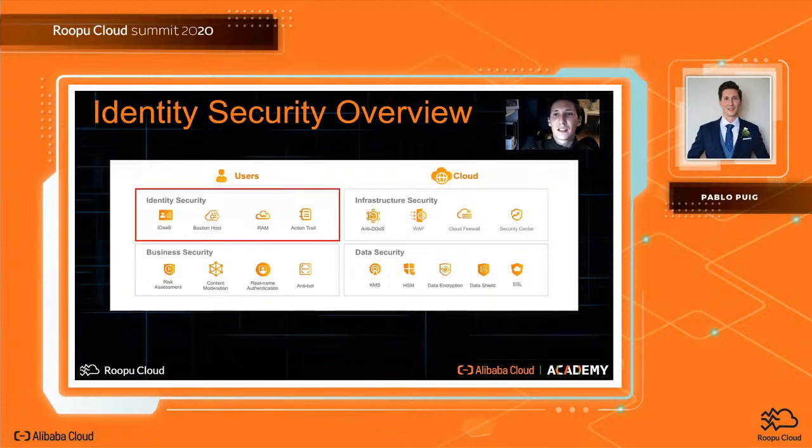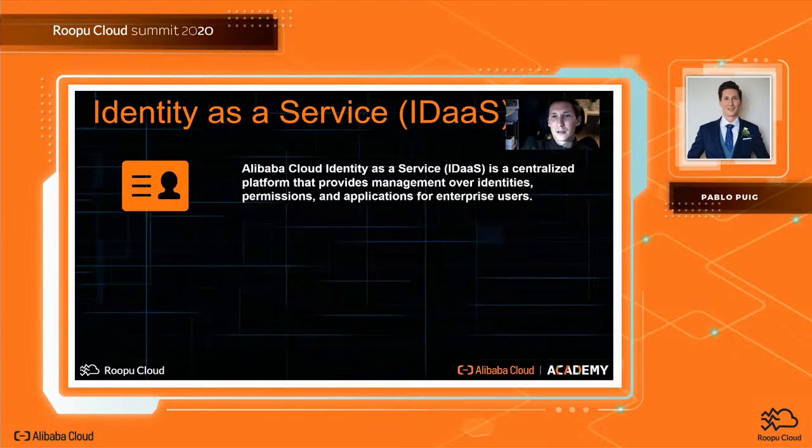The identity security services. First of all, Identity as a Service, also known as IDaaS, is a centralized platform that provides management over identities, permissions, and applications for enterprise users.